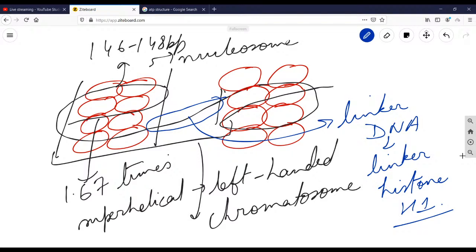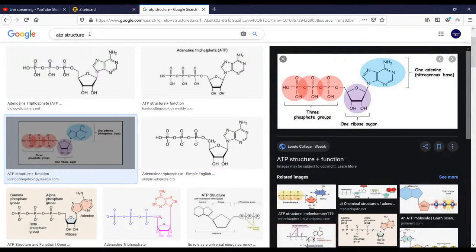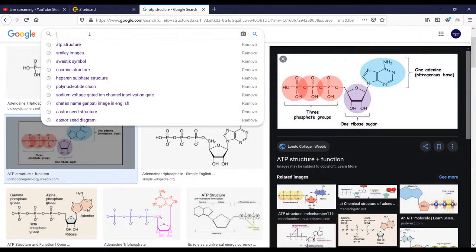Okay, this is the first level of compression. Then you will have the beads on a string theory, and I'll also show you the structure of the nucleosome.